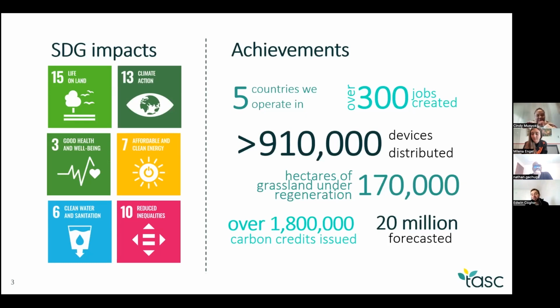All of our projects are developed with sustainability and SDG impacts in mind. Most of our projects have at least 5 SDGs, which we do monitor and report on the impact thereof, even though it isn't necessary on the Verra side. We do it for all our projects.